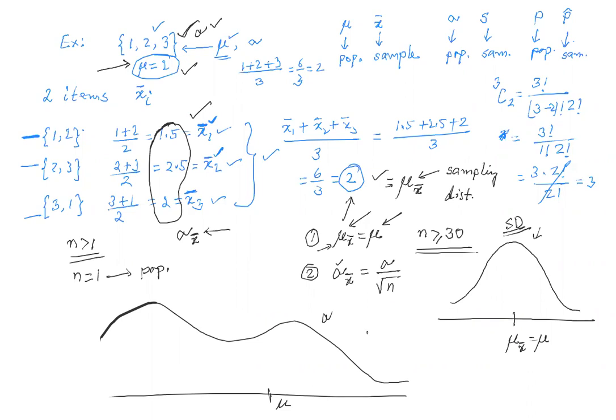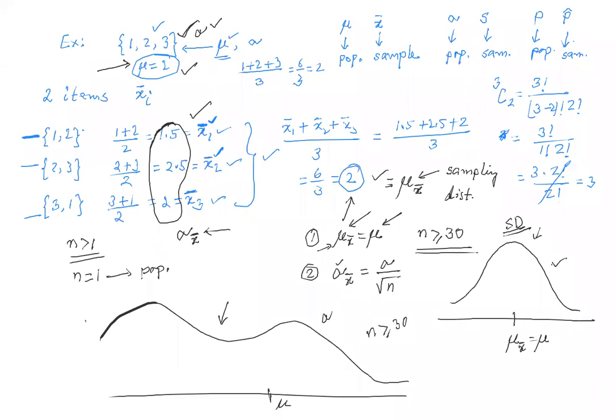If your sample size n is greater than or equal to 30, then the distribution of the sample means, or sampling distribution, will be bell-shaped. Does not matter what the shape of the original population is. It could be anything, the original population.